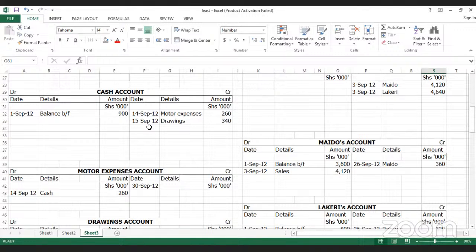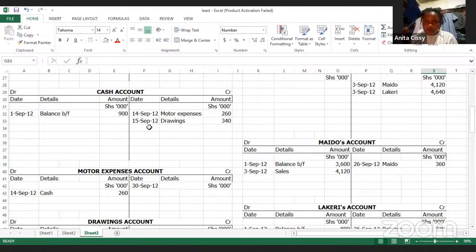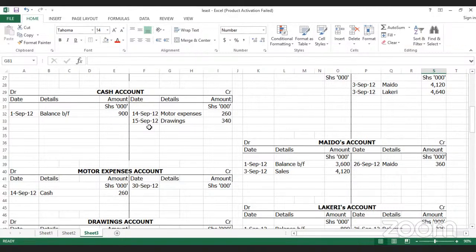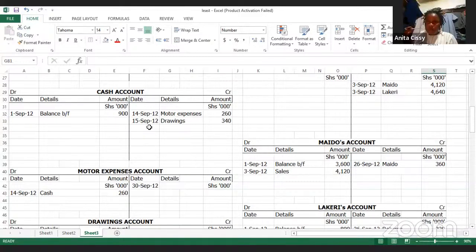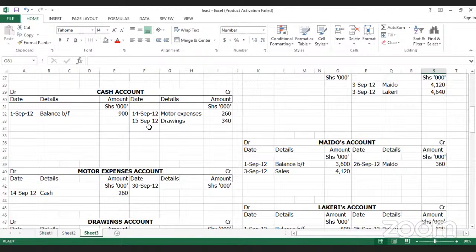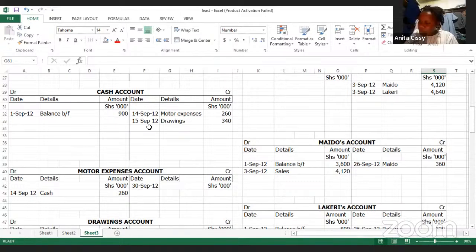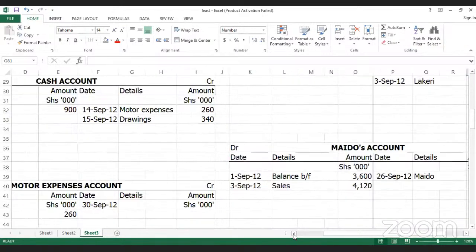Is it the debit side or the credit side? Debit side. The debit side is bigger.